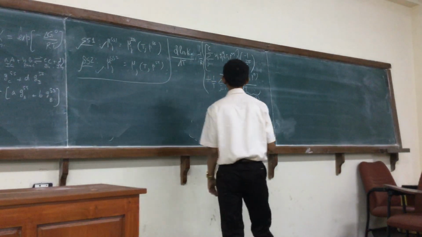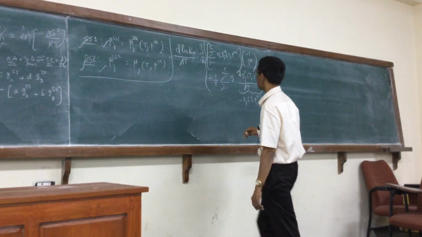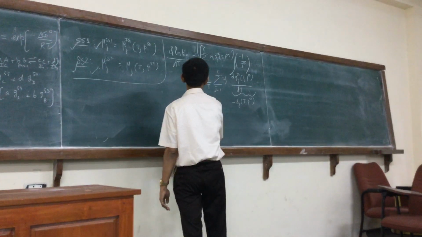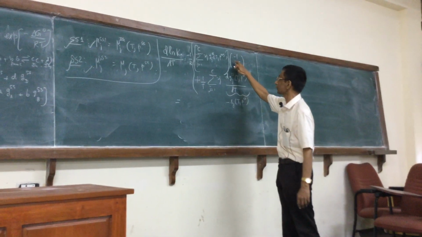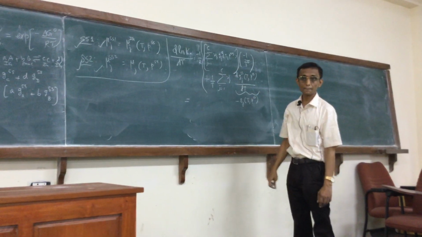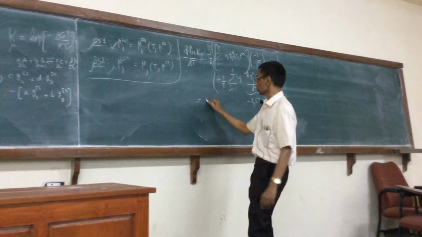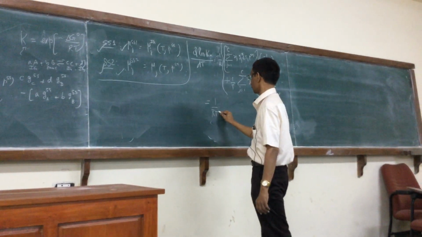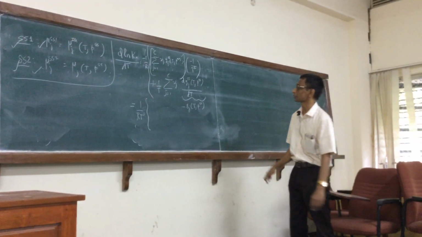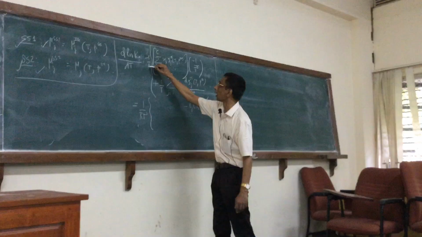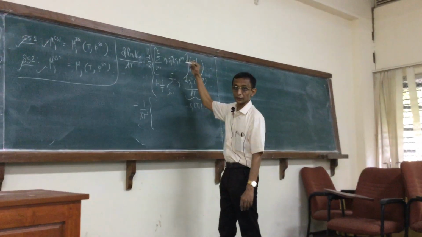So I have that. Now what I do is I will take a minus 1 over T squared outside, so that I get 1 over RT squared. You can see how this will become the standard enthalpy change of reaction. So minus 1 over R and minus 1 over T squared I am taking out.